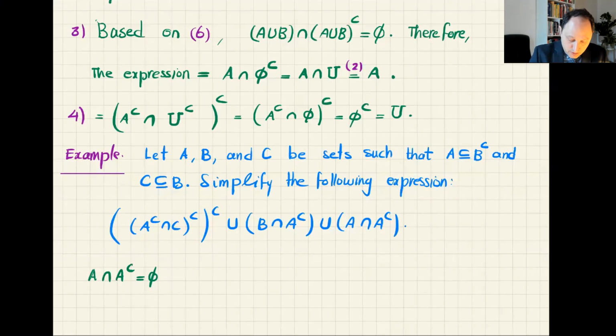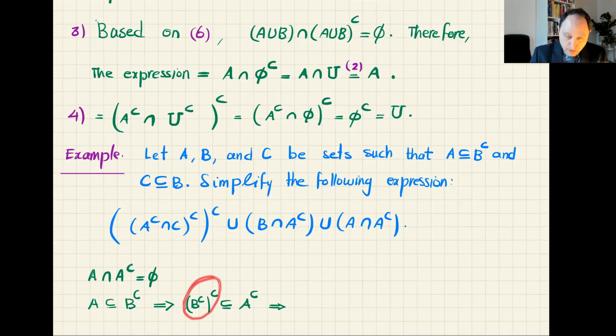Okay, now you are telling me that A is a subset of B complement. So this implies that I can take complements from both sides, provided that I replace the left-hand side and the right-hand side. So I would write the complement of the right-hand side is a subset of the complement of the left-hand side. But then, as you told me, this complement of B complement is B again.